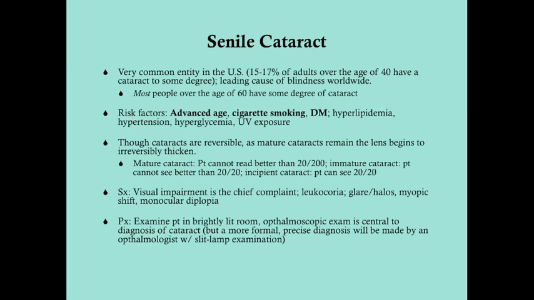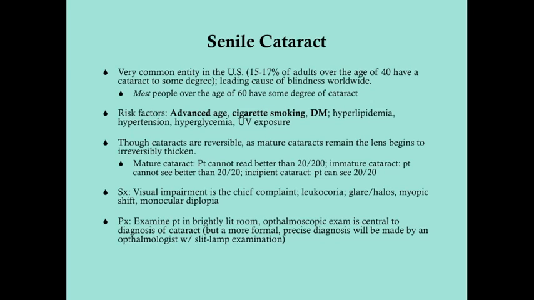And then you can have a cataract that's incipient, and this just means that the patient has cataract material, but it's subclinical. The patient can see 20/20, or whatever their baseline is. So the symptoms of senile cataracts, but really any cataract, really is leukocoria.